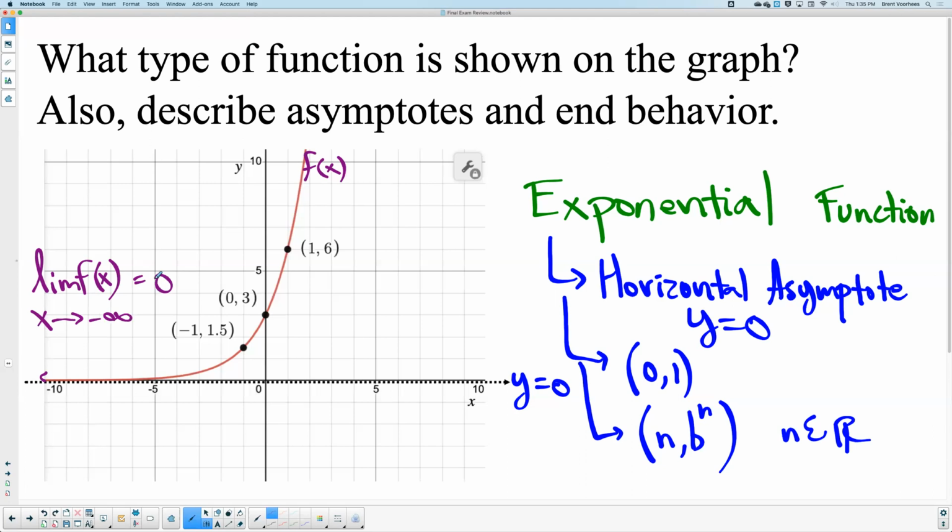And what about the limit on this end of the graph? What happens as we go to the right forever? Does this graph appear to rise forever? Does it fall forever, or does it get flat following an asymptote? Rises. What you're going to learn is that every exponential function has a domain of all reals, meaning x will go from -infinity to +infinity.